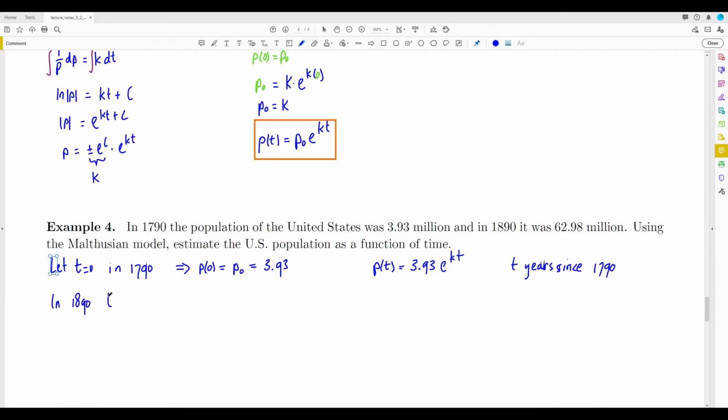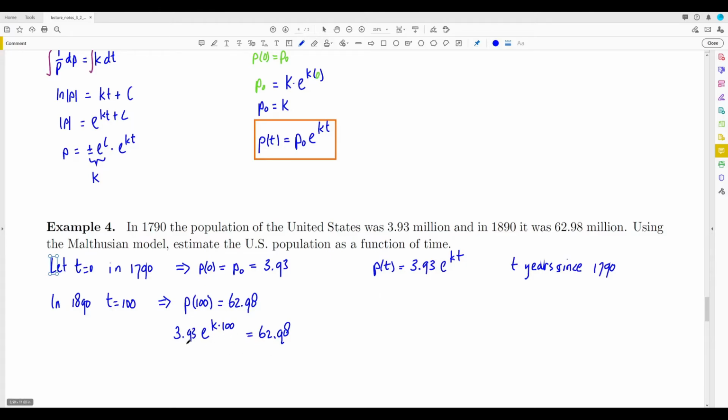So in 1890, t equals 100, and it means that P of 100 is 62.98. So P of 100, according to the model, is 3.93 times e to the power k times 100, and that is 62.98.